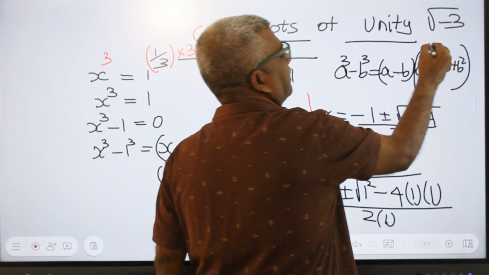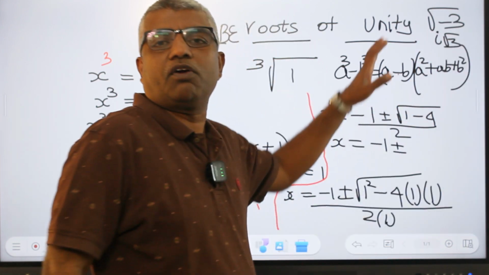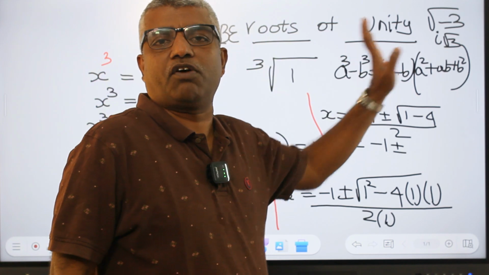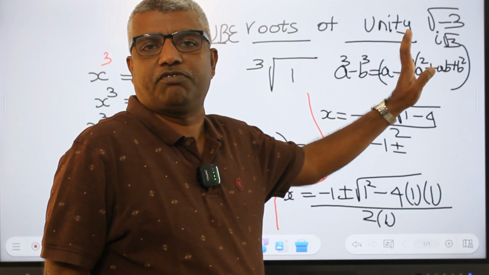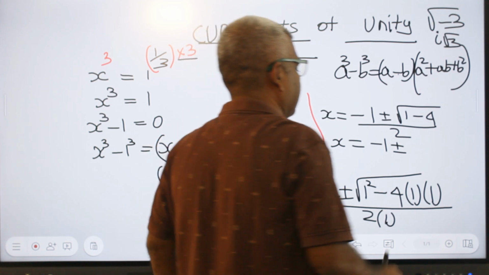Square root of minus 3 is square root of minus 1 times square root of 3. Square root of minus 1 is i, so it is i root 3.